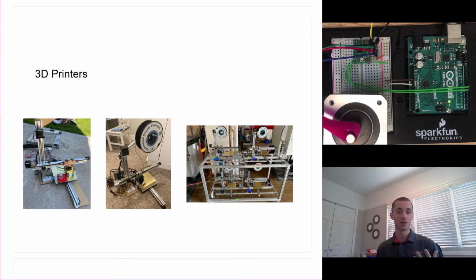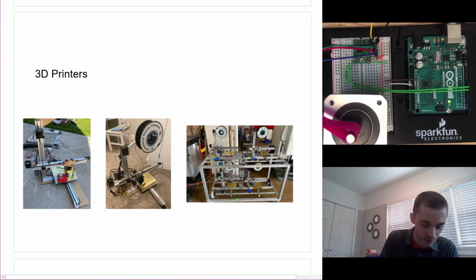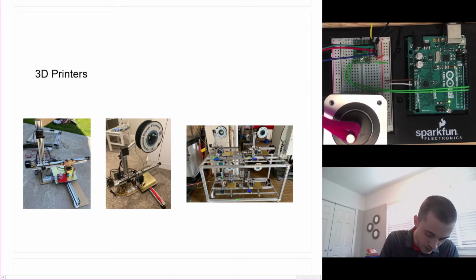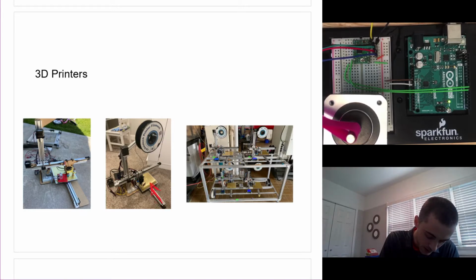And for each one of these, there are 3 stepper motors for X, Y, and Z motion, and then a 4th stepper motor, which drives all of the plastic filament through the machine. So if I were to actually draw, like I said I was going to, so this is the Y motion.